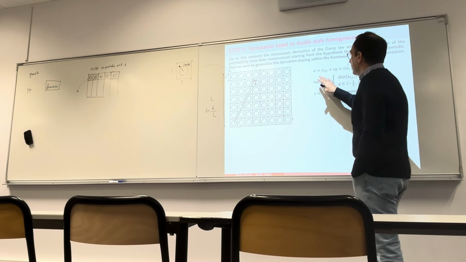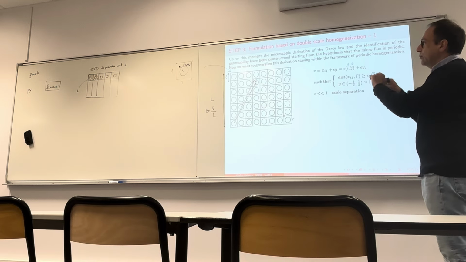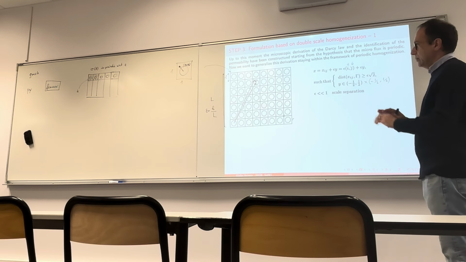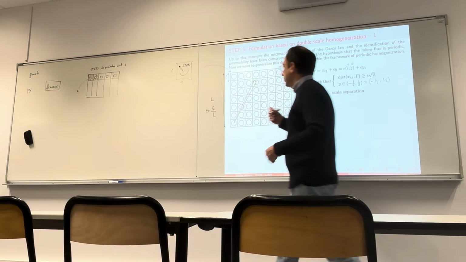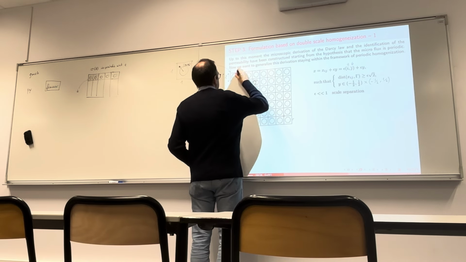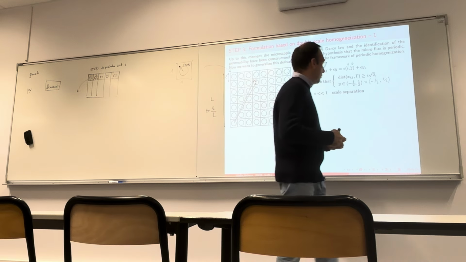The discussion that we are going to deal with is restricted to the central part, the central core of the domain. So I'm not going to investigate what happens close to the boundary, okay? Because it's more complicated stuff.